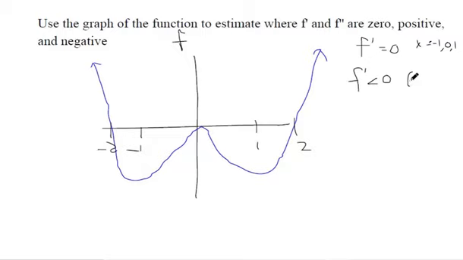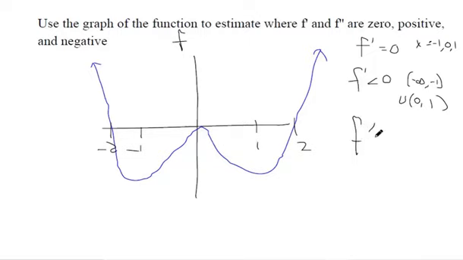So it's negative between negative infinity and negative 1. Then the slopes are positive, and then they become negative between 0 and 1 again. So union 0 and 1, because these are negative tangent slopes.